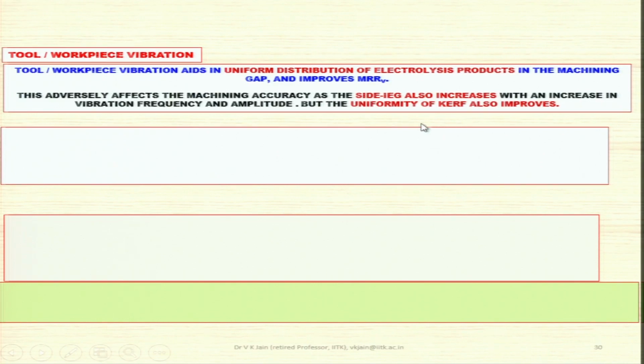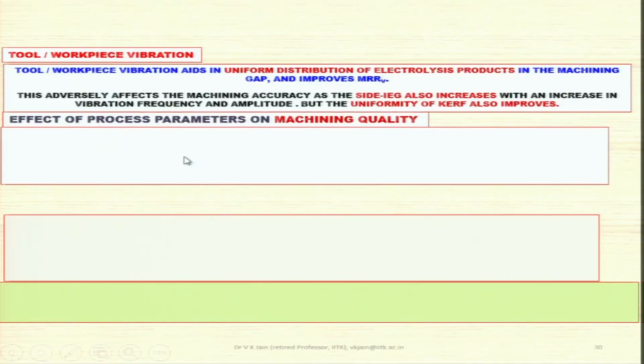This I have already mentioned in the earlier lecture: if volumetric material removal rate is increasing, it depends upon the inter-electrode gap, and the inter-electrode gap controls the current density on the workpiece. Effect of process parameters on machining quality, let us see it again.